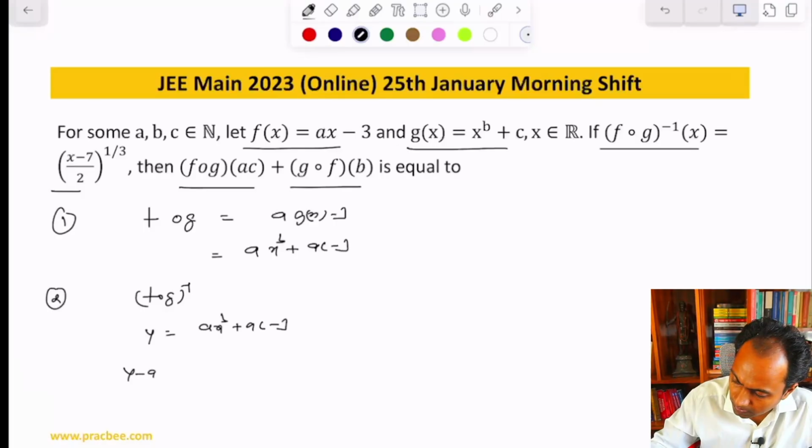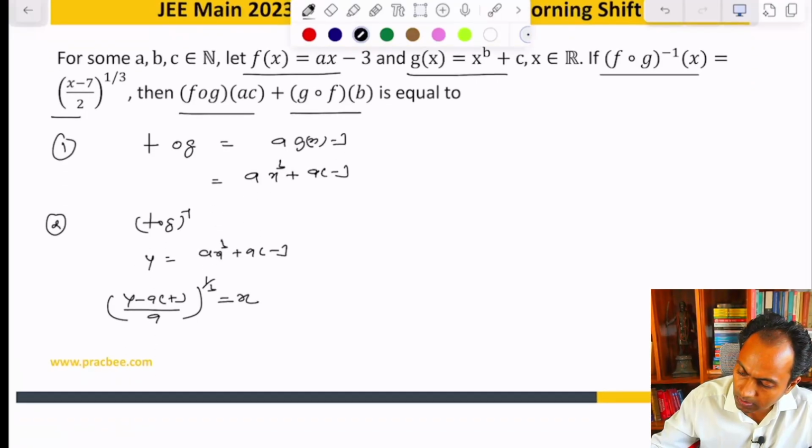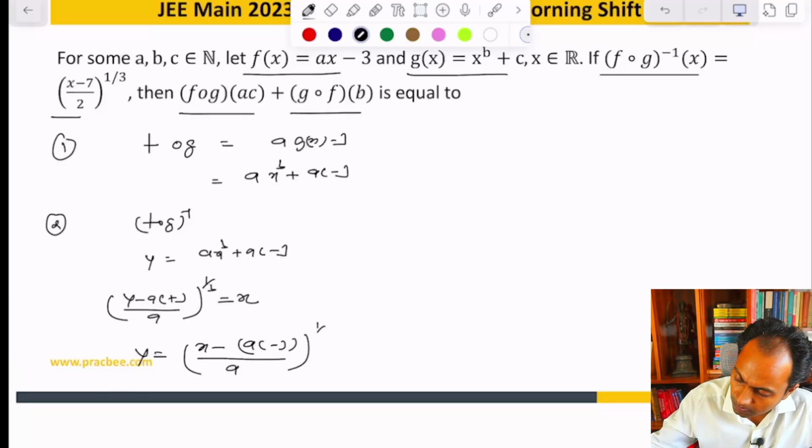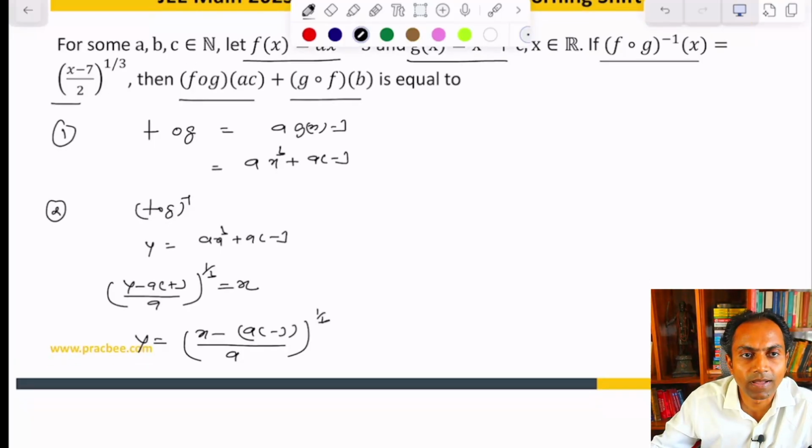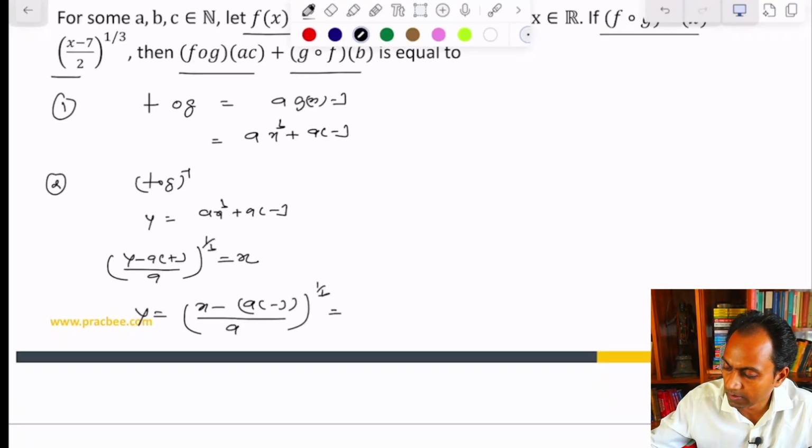So ((y − ac + 3)/a) raised to the power 1/b would be equal to x. And the inverse function will become y is equal to ((x − ac + 3)/a) raised to the power 1/b. Now the question says that the value of this part is equal to ((x − 7)/2) raised to the power 1/3.